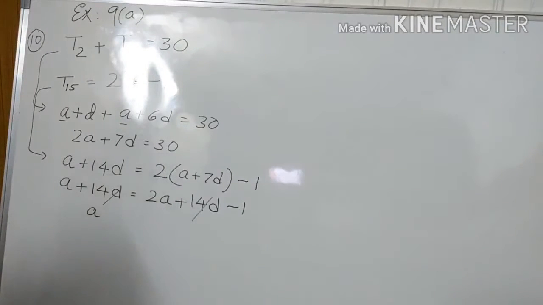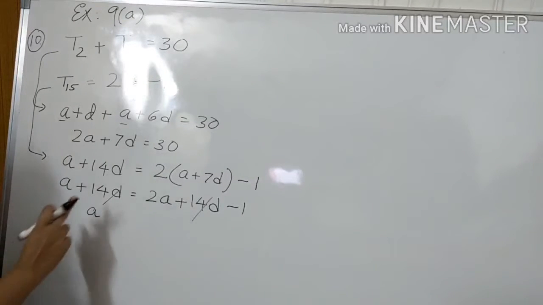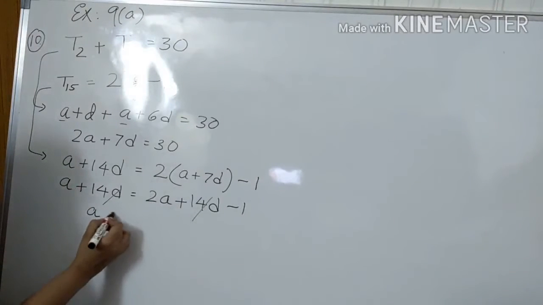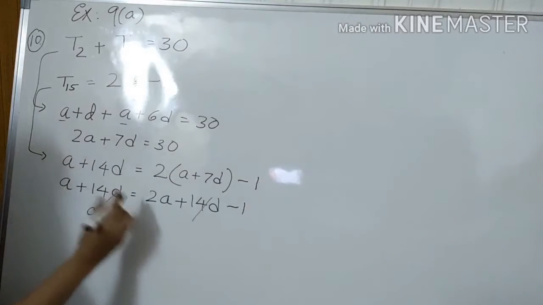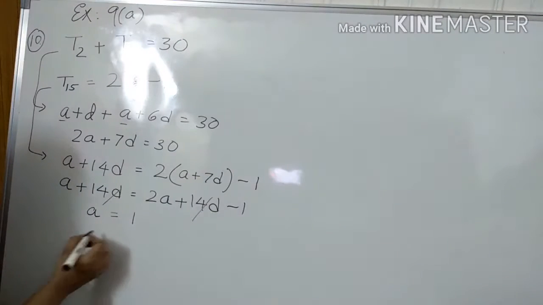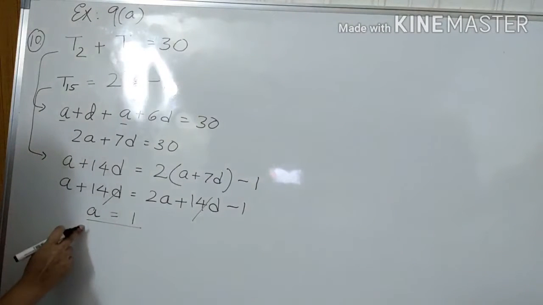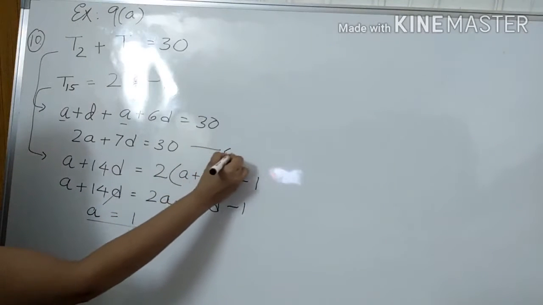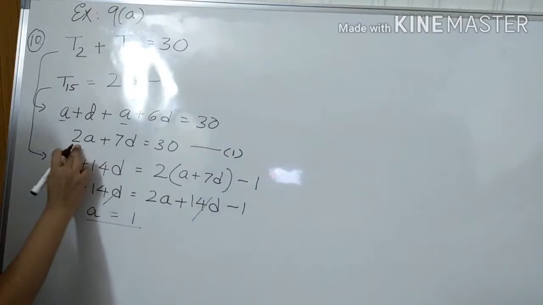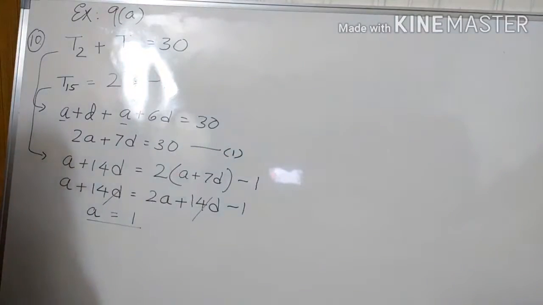So here we have 2A minus A, and this minus 1 goes to the other side, so becomes 1. So here I found the value of A is equal to 1. Now we can substitute this value in our equation number 1. Let us give the name to this equation number 1.